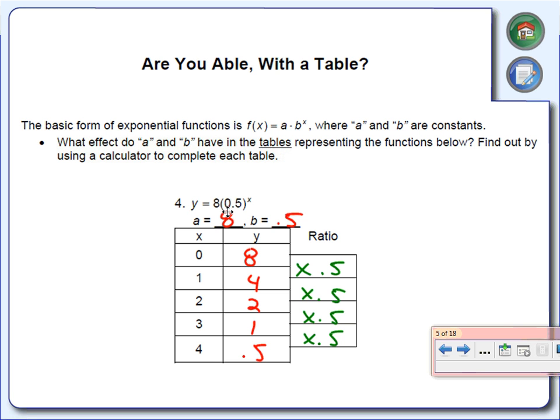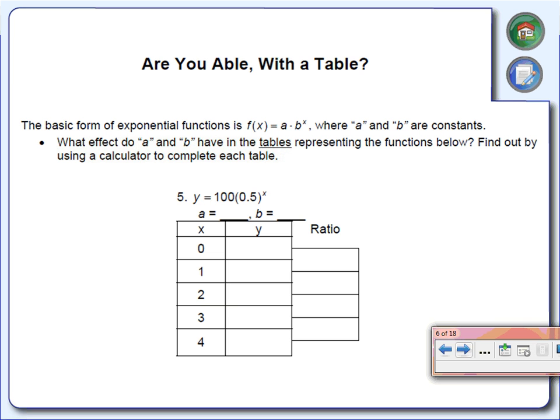All right, I'm going to do 2 more, and then we're going to see if we can recognize some kind of pattern. Again, if you see it, don't say it. Just hold on. Number 5. A. What number am I going to write down for A? 100. B. What is our B? 0.5. All right, so here we go. 0.